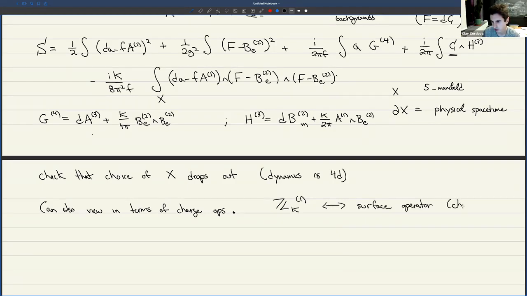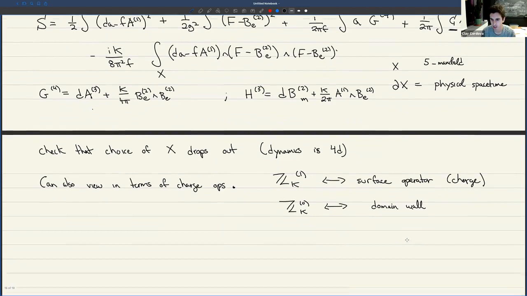This is the charge. I wrote it above. And the ZK0 is some kind of domain wall. It's a kind of axion domain wall where the axion shifts by 1/kth of its periodicity.